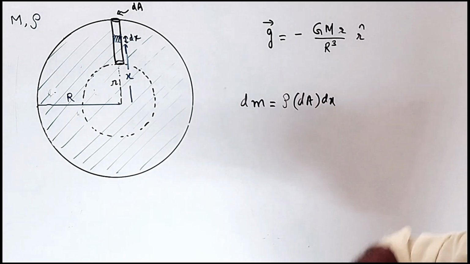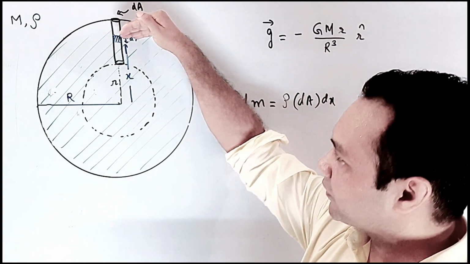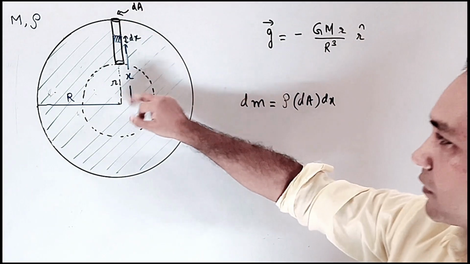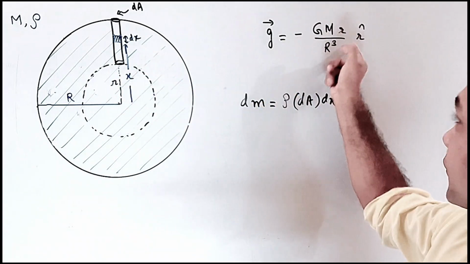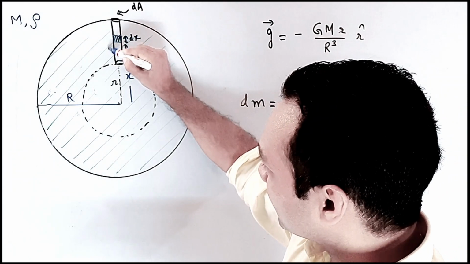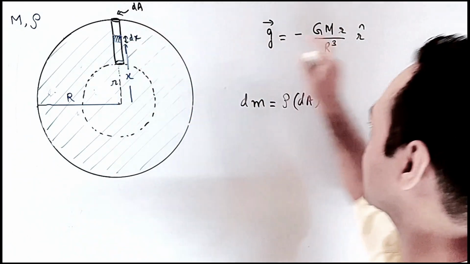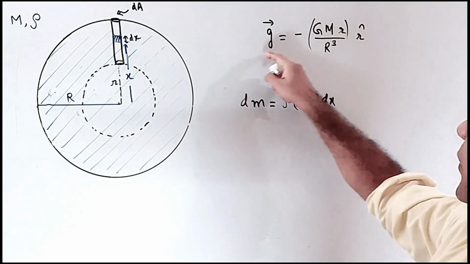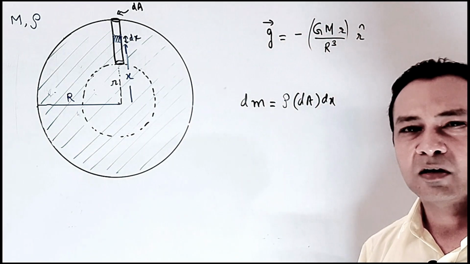And the gravitational field here is towards the center. At a distance x, the gravitational field will be in the downward direction, in place of small r. This is the magnitude, so the gravitational field will be GMx by R cubed.